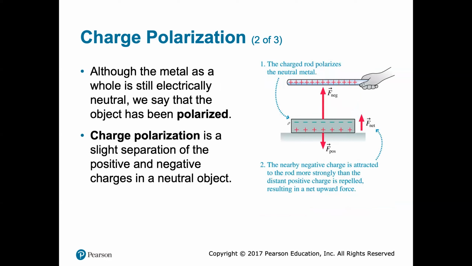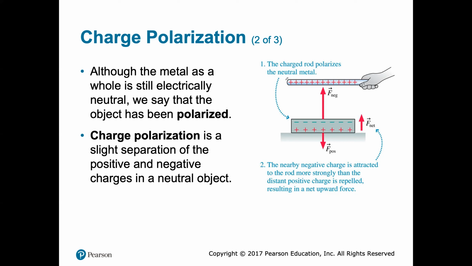If you remember, we can use a charged rod, no matter whether positively or negatively charged, to pick up small pieces of objects, such as small pieces of paper, even though the paper is neutral. Why? The reason is similar.